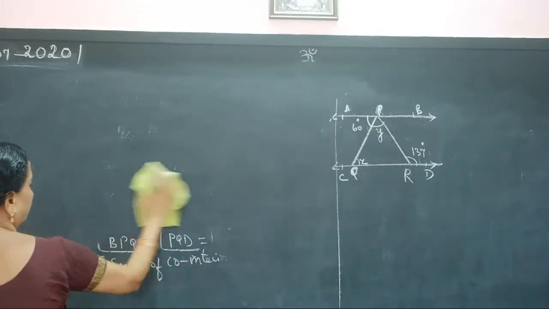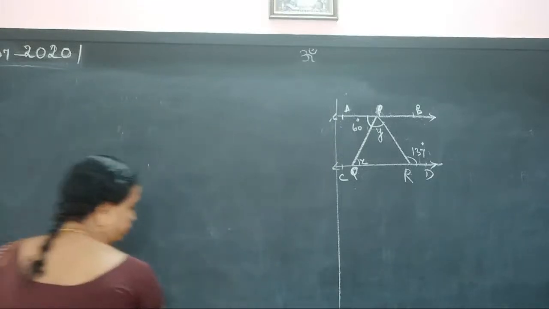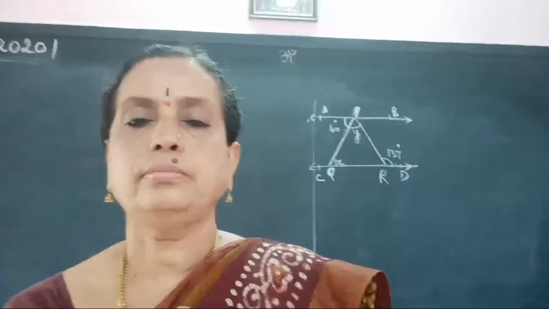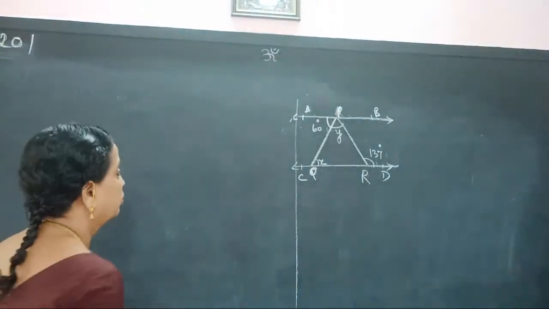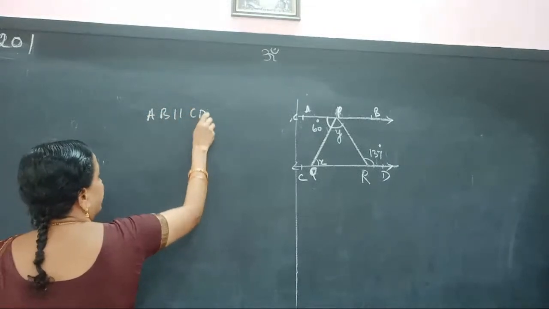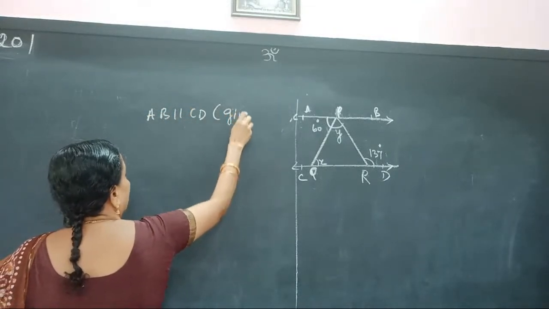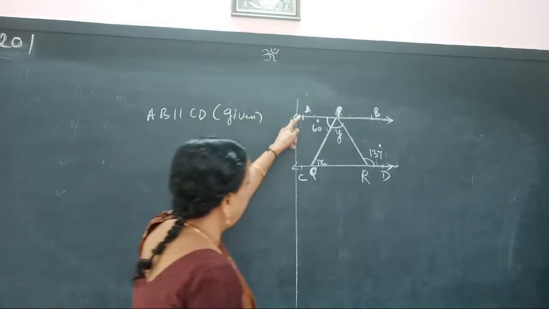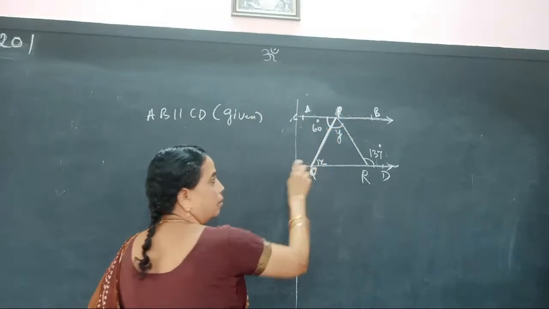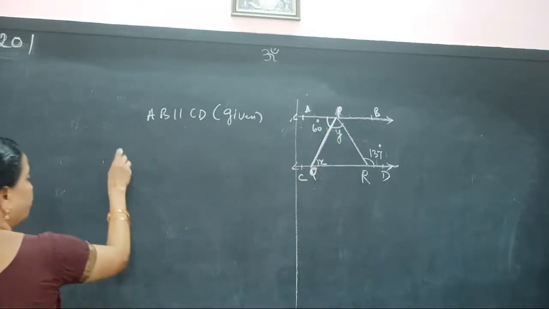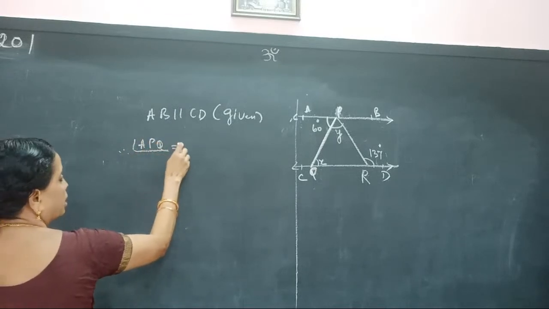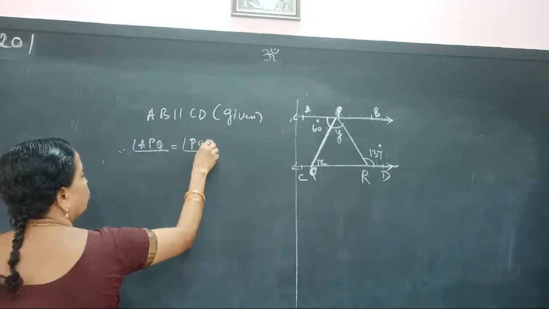Here it is given AB is parallel to CD. In the bracket you write given. This will act as a transversal. Therefore, angle APQ equals angle PQR.